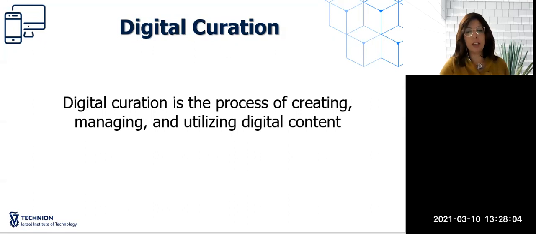In fact, if you think about it, each of us is a digital curator. We make our own collections. It can be a collection of recipes, hobbies, or interesting articles. When we create a personal digital collection, we are basically filtering the information, collecting, and cataloging it for future uses.